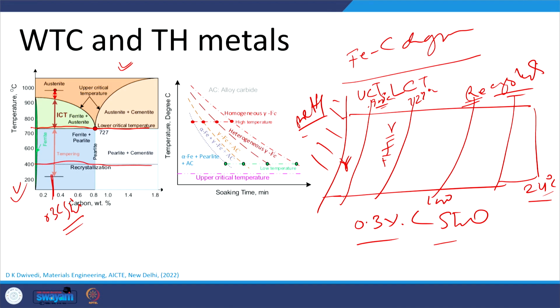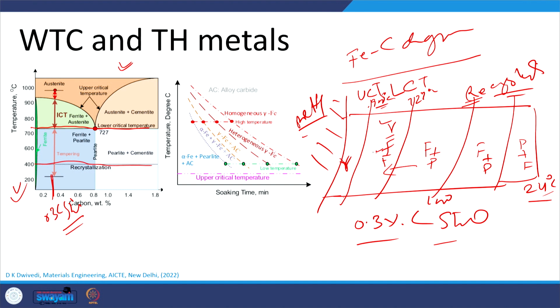Okay. So, if we see here, we have ferrite and pearlite. These will be maintained until we go above the lower critical temperature, although new grains may form above the recrystallization temperature. Thereafter the pearlite will transform into austenite and ferrite will remain as it is.